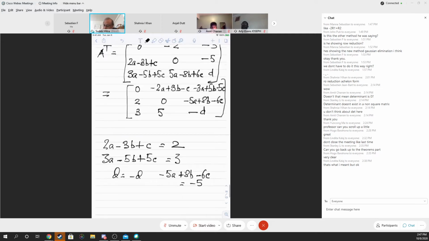Okay, D equal to minus D. This implies 2D is 0, and that implies D is 0. That's good.